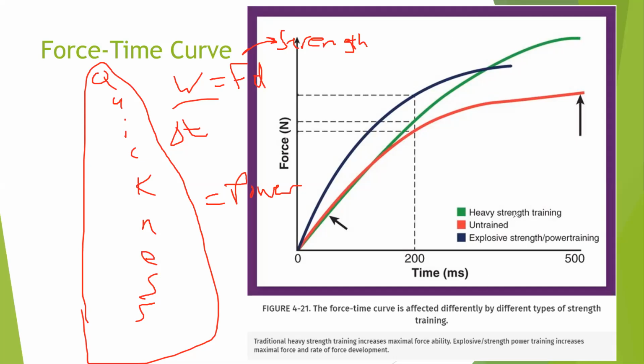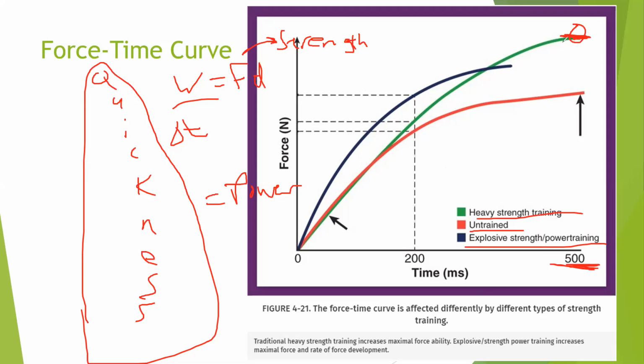So what this graph says is what happens if I do heavy strength training, if I am untrained, and if I do power training. Unsurprisingly, if I'm doing heavy strength training, I produce the most amount of force. However, to reach my max force, it takes me the longest amount of time.